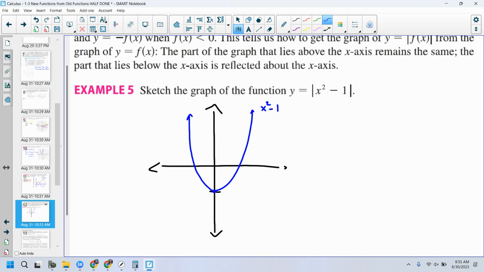So anything that's normally above the x-axis stays above the x-axis. Nothing changes with this stuff. But everything that would normally come out below the x-axis flips positive and acts the exact same way, but just in a positive manner. So this 0, negative 1 would actually turn out 0, positive 1.